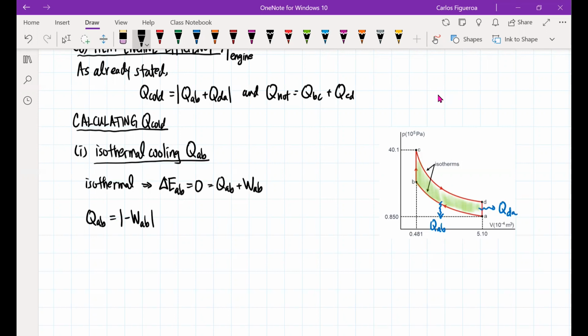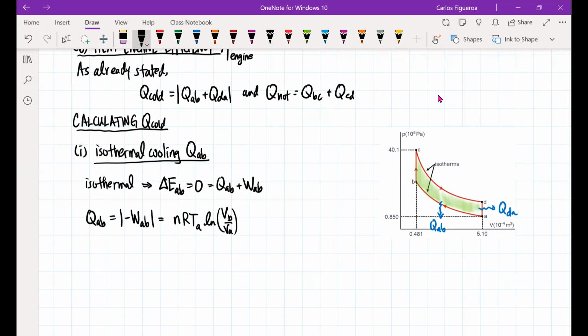Remember, I'm going to drop the absolute sign, but in the end, this is a positive quantity that I must have. So the work for an isotherm is written like this, with the log of VB over VA. Right now, this is a negative number because VB is smaller than VA, so the log is negative. Again, we want a positive value in the end.